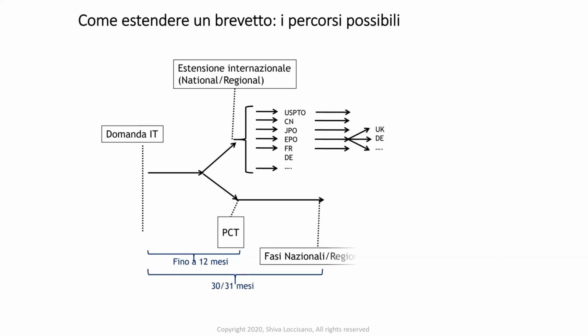If we go PCT, we get some more time, as we said, and we extend our safe zone up to the 30th month, and then we will have to decide where we want to go. At this point, we have to decide and go into every single state. As soon as we enter the national phase, we will face our examination in front of the different offices.